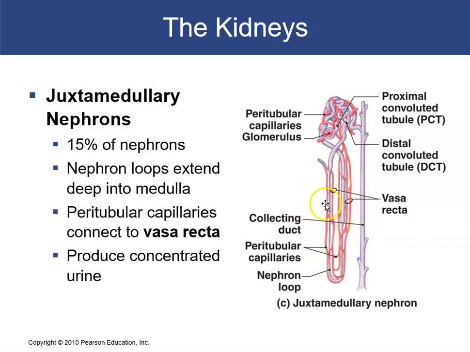The vasa recta are associated with the loop of Henle, and again, they serve the same function. They allow for this reabsorption, or the blood that materials are going to be reabsorbed into. The juxtamedullary nephrons, their function is to produce a more concentrated urine.